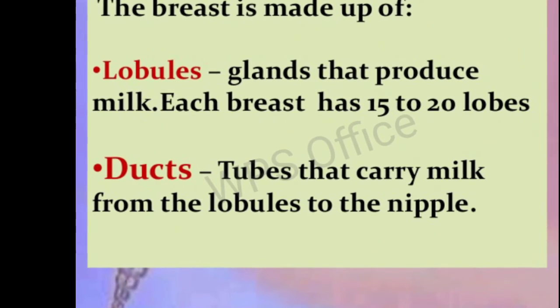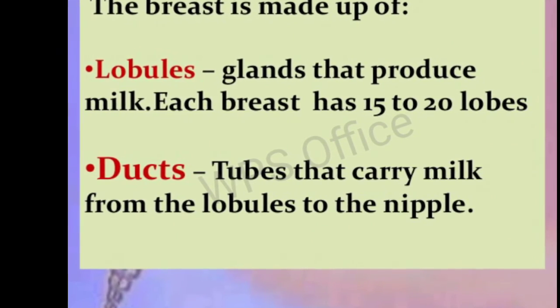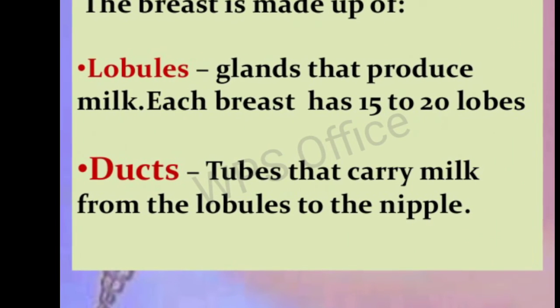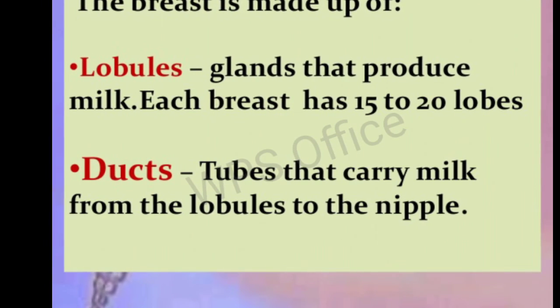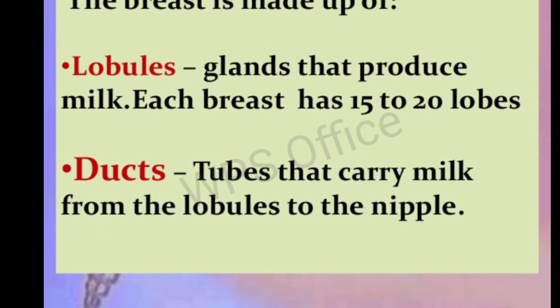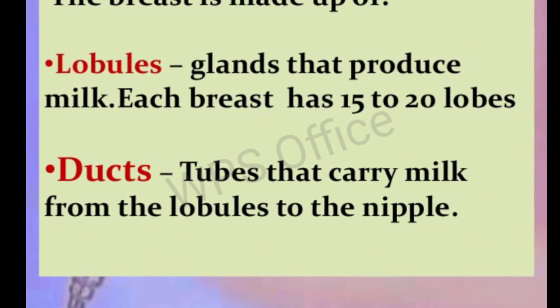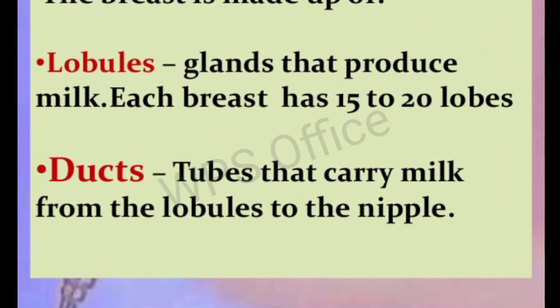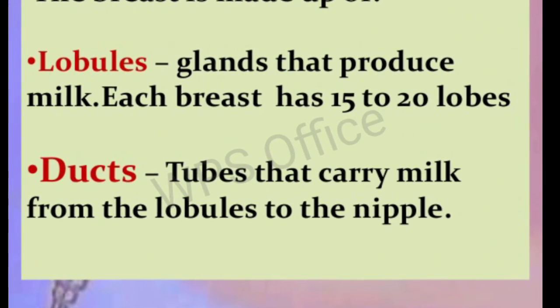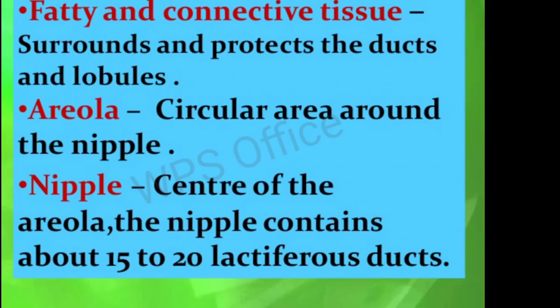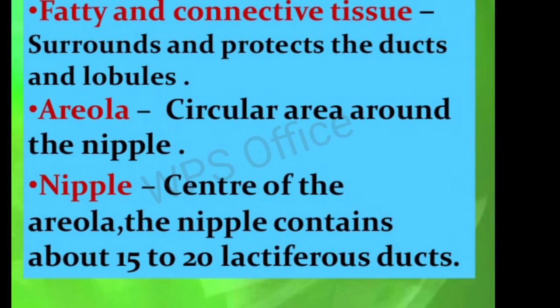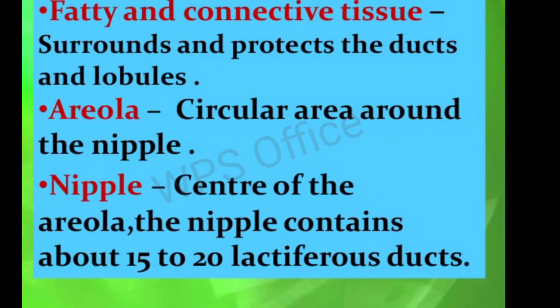Next we'll see the lobules. What are the lobules? The lobules are the glands that produce the milk. Each breast has 15 to 20 lobes. Then the ducts are the tubes that carry the milk from the lobules to the nipples. Then fatty connective tissue is the tissue which surrounds the ducts and the lobules.